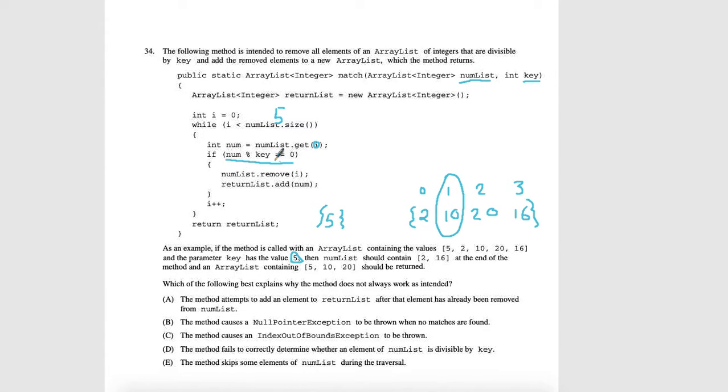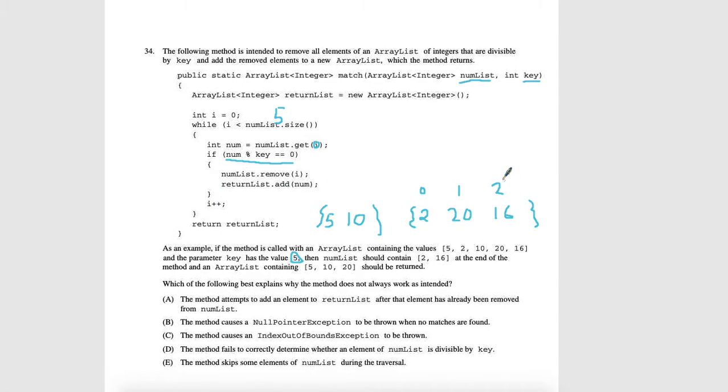So 10 is divisible by 5, so we would remove 10 from numList, and we would add 10 into return list. So 10 goes here, and at the same time 10 is removed from here. So now the 20 and the 16 both move down. After we move those, the array is resized.